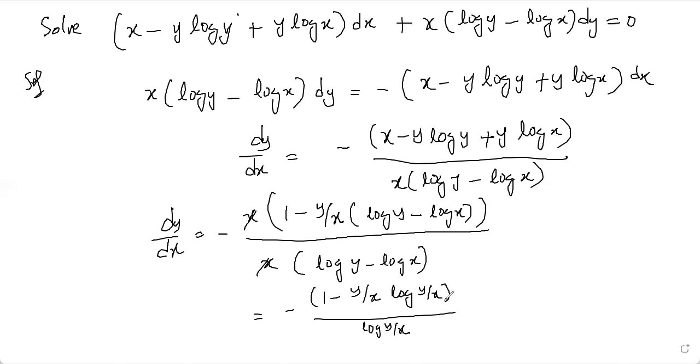Or we can further simplify this. This will be minus 1 by log y by x, and taking minus inside this equation plus y by x, because log y by x and log y by x get cancelled. So this is your dy by dx now.